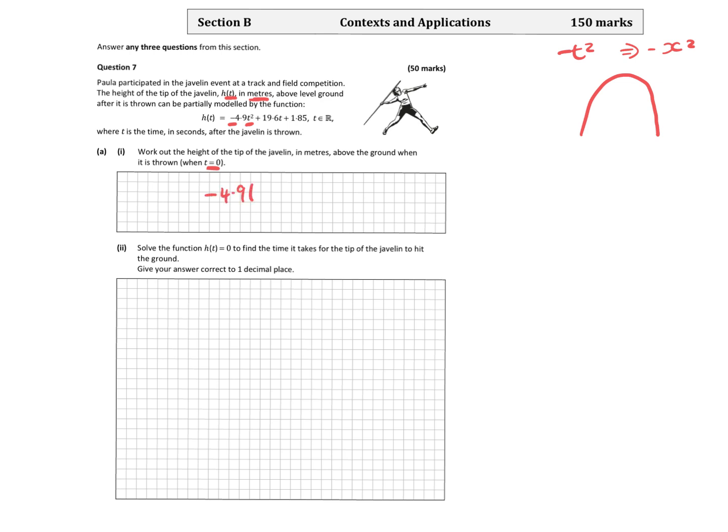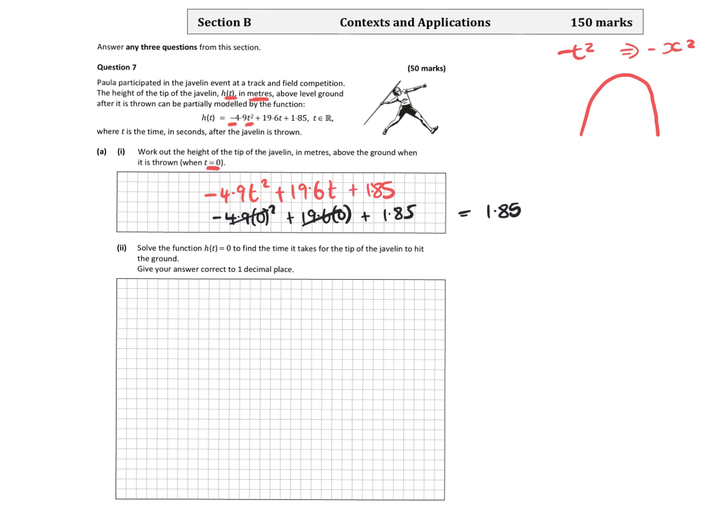Minus 4.9t squared plus 19.6t plus 1.85. If t is equal to 0, that would be minus 4.9 times 0 squared plus 19.6 times 0 plus 1.85. They're going to cancel out and you're going to be left with 1.85 as your answer there.